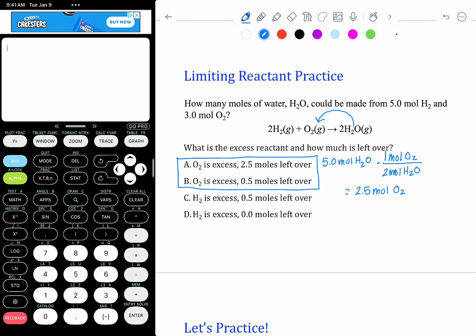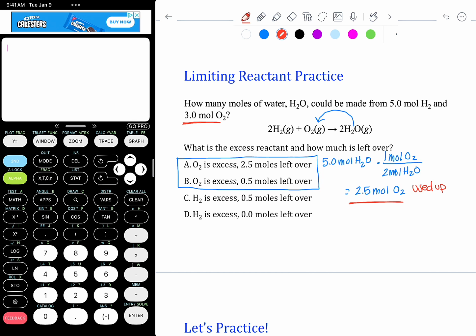So that's how much we needed to use up. But I want to know how much is left over. So this is used up. Our original problem says I started with 3.0 moles of oxygen and I used up 2.5 moles of oxygen. So how much is left over?